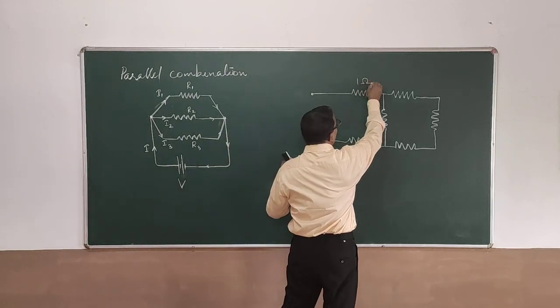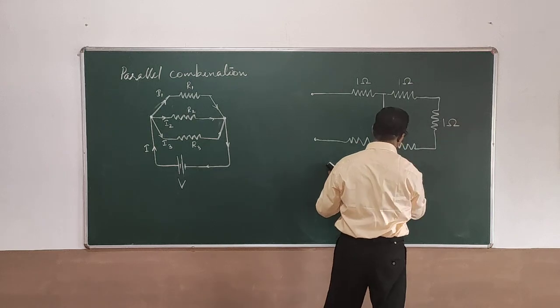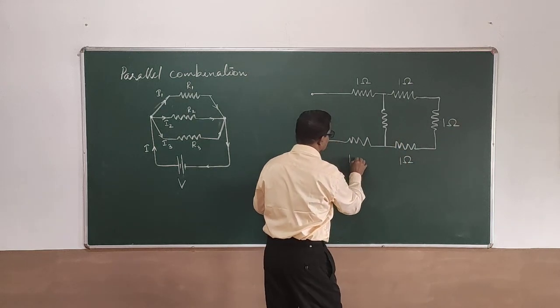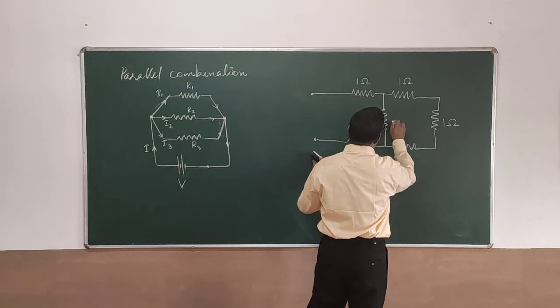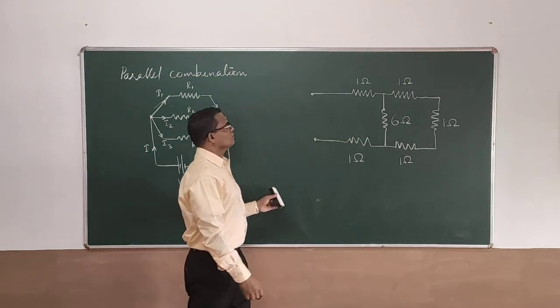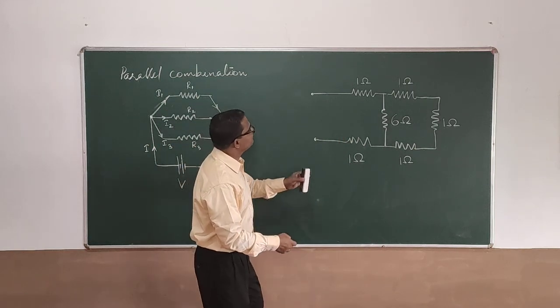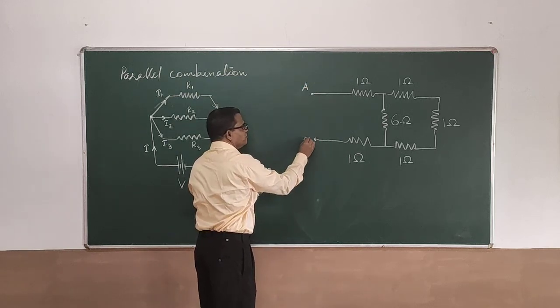And if I take all these are of 1 ohm, now let us find the effective resistance of this combination across A and B.